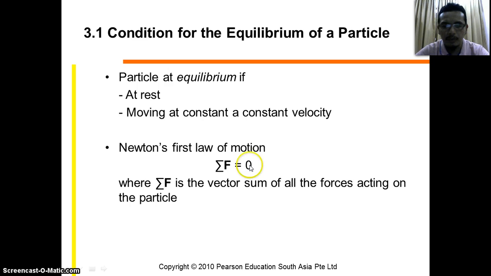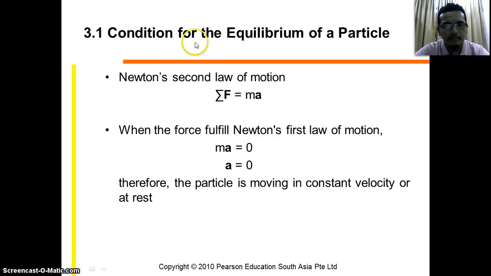That's why it's equilibrium. Okay. But when we are talking about Newton's second law, F equals ma, because F equals 0, so ma equals 0, then a is equal to 0. So acceleration equals 0.